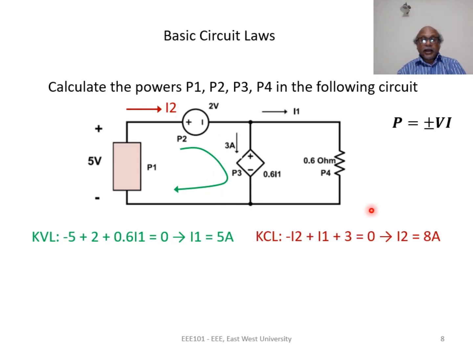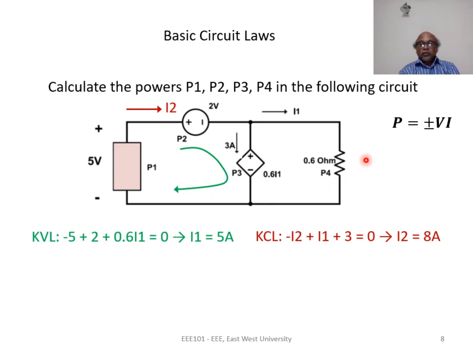So if I write KCL, current entering is negative, minus I2, current leaving is positive, so plus I1 plus 3 equal to 0. Again, I1 is 5 ampere, so we find out that I2 is 8 ampere. Now we know the voltage and current to calculate P1, we know the voltage and current to calculate P2, we know the voltage and current to calculate P3.